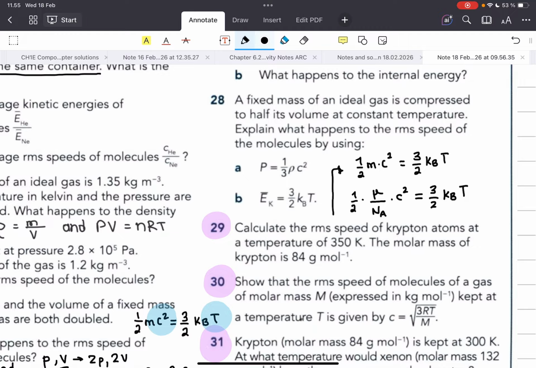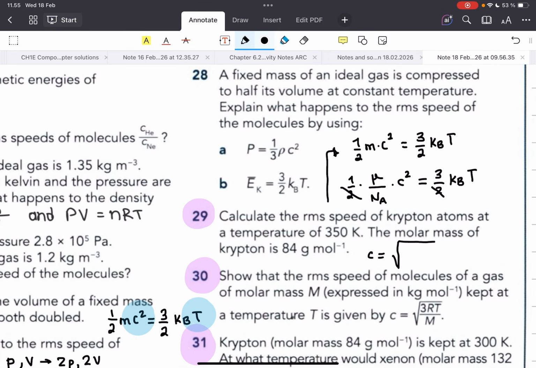So you can isolate C here. C will be equal to the square root, see, the 2's cancel out, so it will be 3 times kBT divided by the molar mass mu.